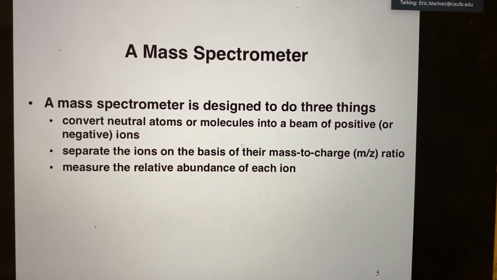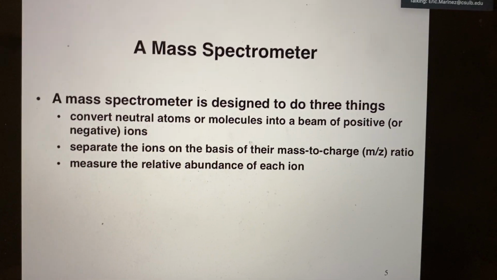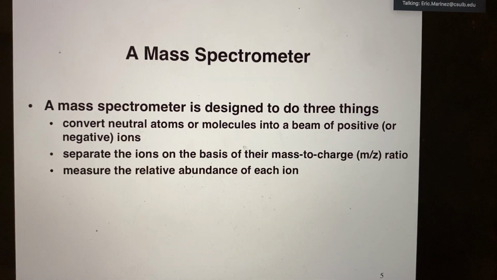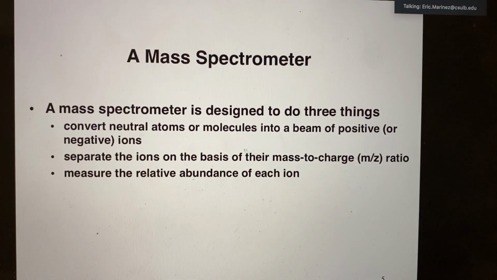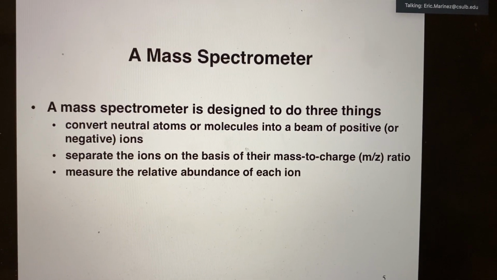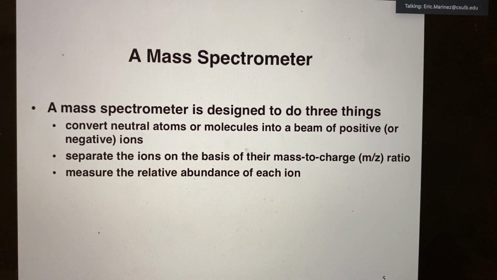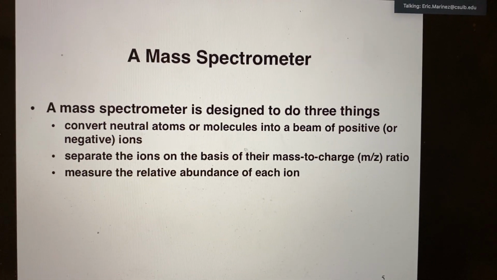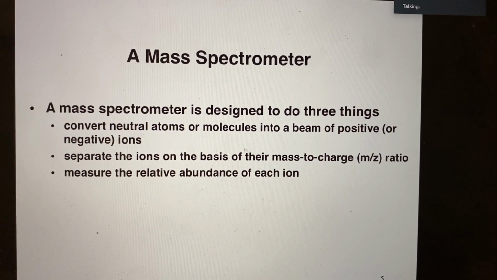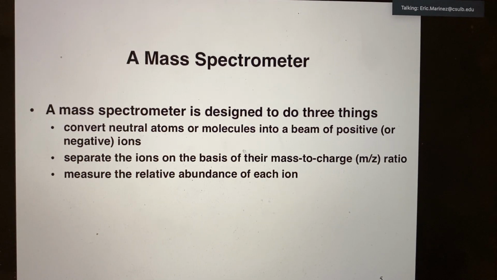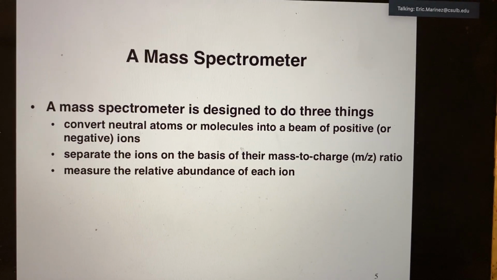The next part is the instrument needs to separate the ions on the basis of their mass to charge ratio. So once I take these molecules, how can I see and measure the different fragments? And the last thing we have to do is measure the relative abundance of each ion.